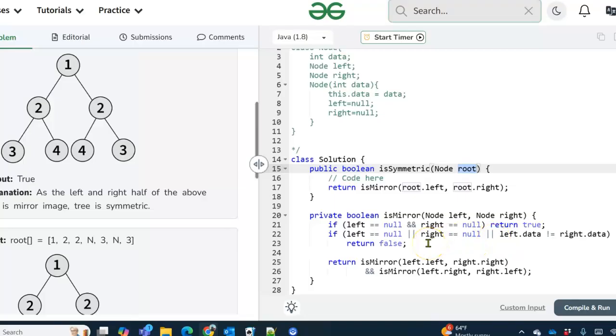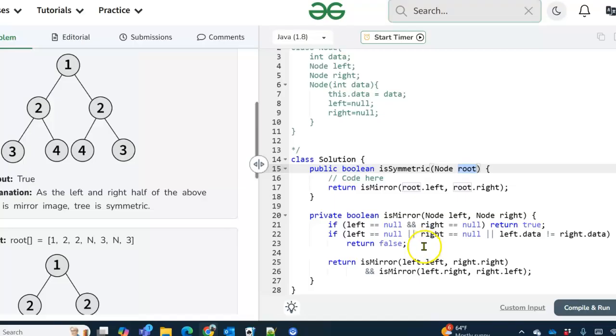So now we're going to do a recursive call, comparing the left node of the left subtree and the right node of the right subtree, as well as the right node of the left subtree and the left node of the right subtree.